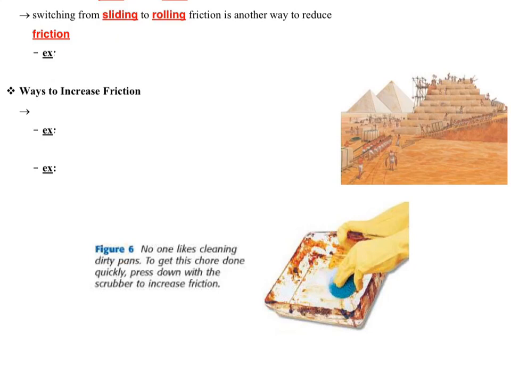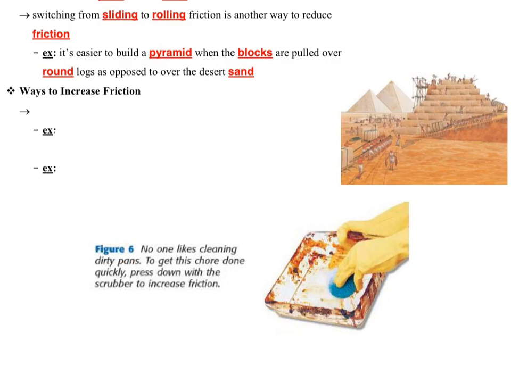So the thought is that when they were building the pyramids, they put the blocks on top of logs and rolled them over these logs, and that allowed them to move the blocks through the desert more easily. So it's easier to build a pyramid when the blocks are pulled over round logs as opposed to over the desert sand. Okay, so there's a couple examples, one of thousands of examples of reducing friction.